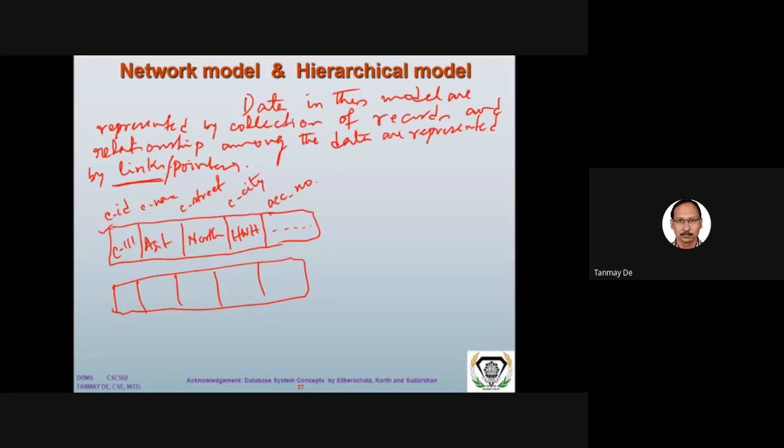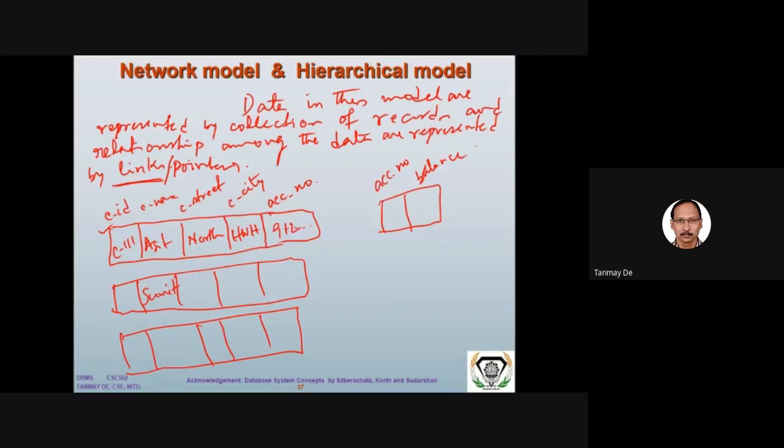This one is, say, Sumit. Many other customer records are there, and not only customer records, some other records are also there. Suppose these are the account records. It consists of account number and balance. Say account number is 9125 and balance is 95000.